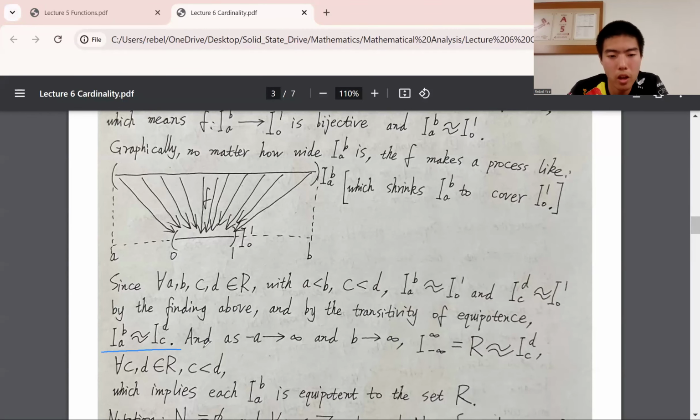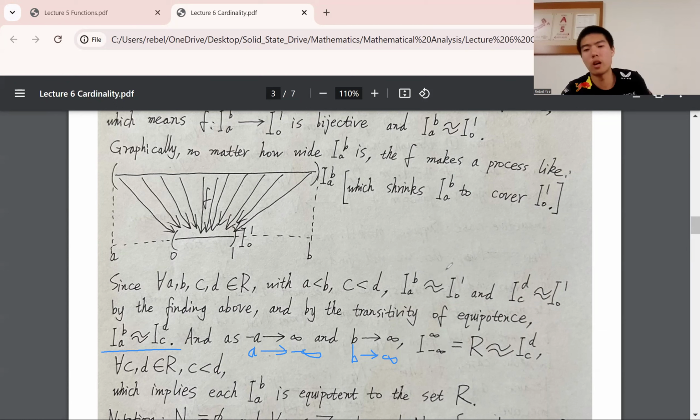And we can also denote that a goes to negative infinity, and b gradually approaches infinity. Then what happens? This set becomes R, because R is an open interval going from negative infinity to positive infinity.